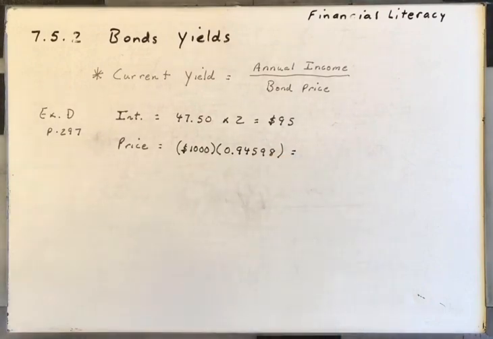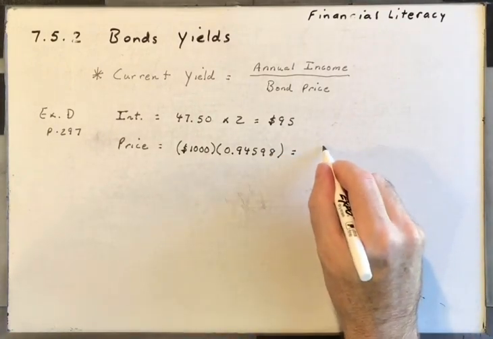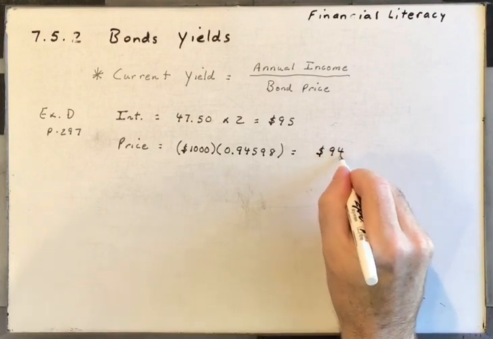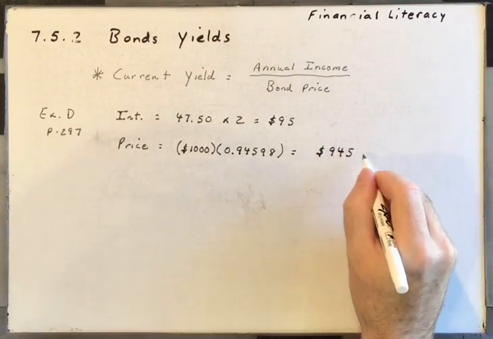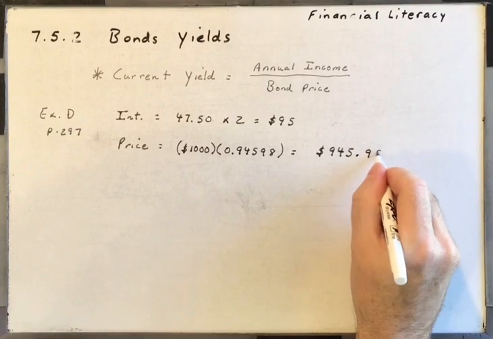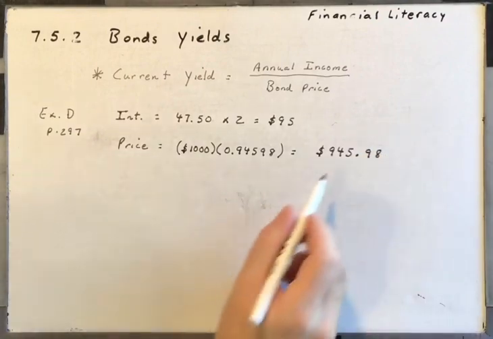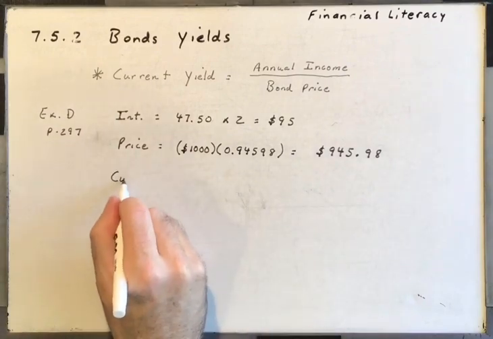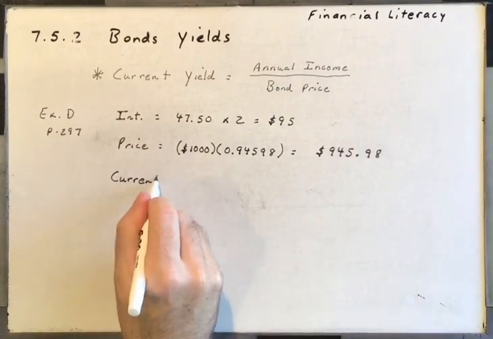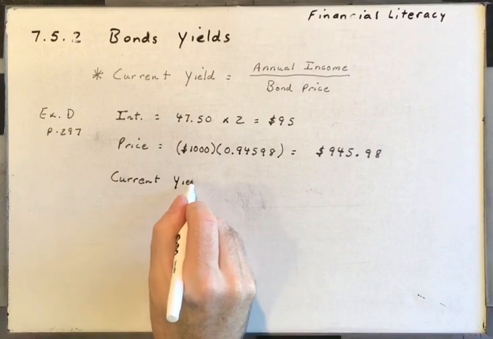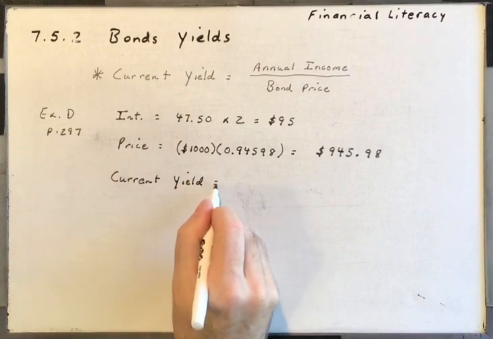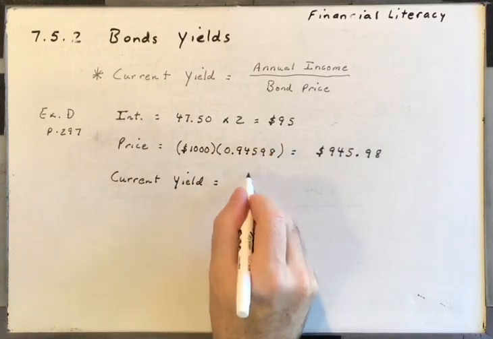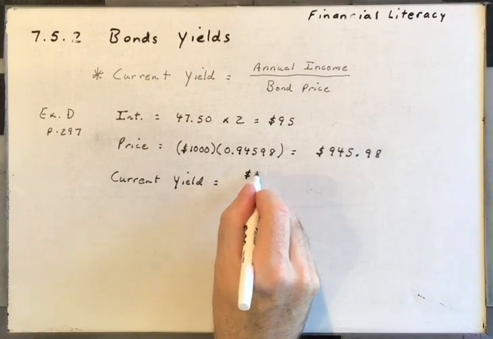And so these things sell at less than $1,000. They sell at $945.98. That's because they don't pay as much interest as market rate. So they sell for less. So the current yield is going to be the interest, the annual income, or $95.